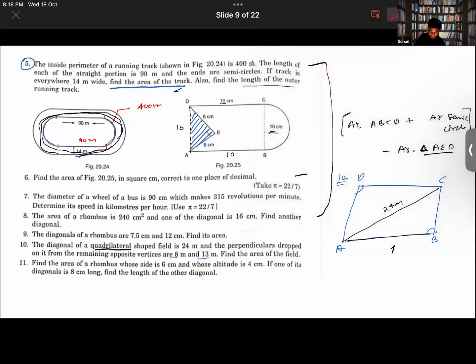Say this one is 13 meter, and this one is 8 meter. Now we need to find the area of the field.